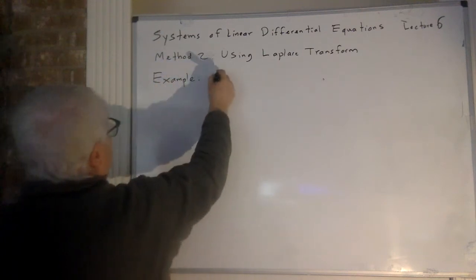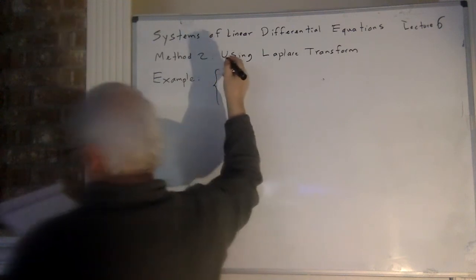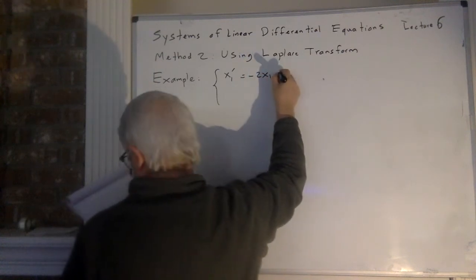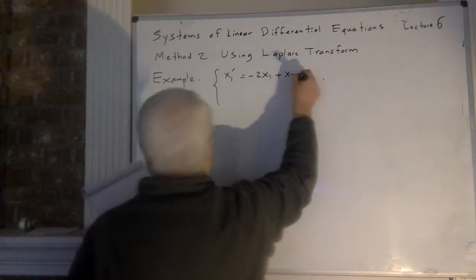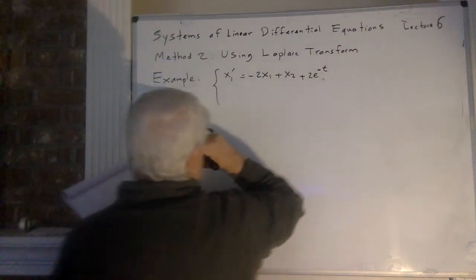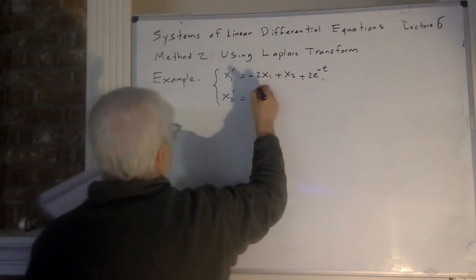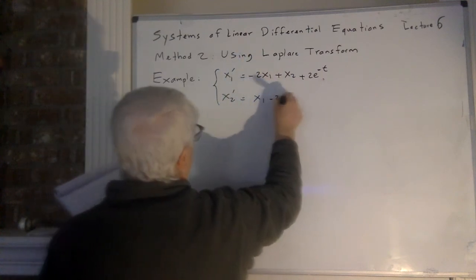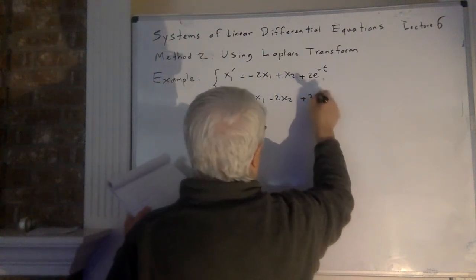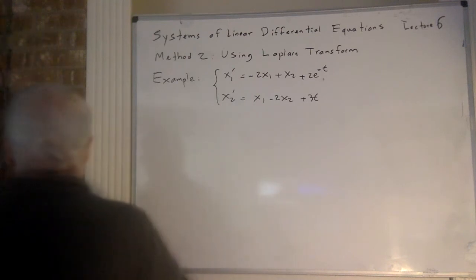So I have x1 prime is minus 2x1 plus x2 plus 2e to the power negative t. x2 prime is x1 minus 2x2 plus 3t.